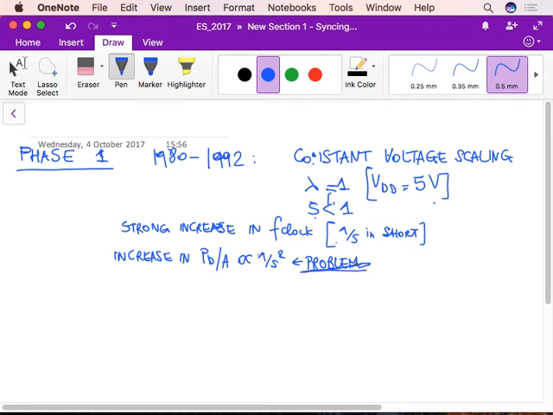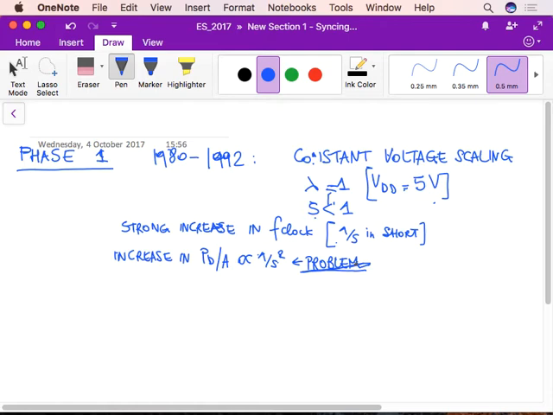Because you see, the power consumption of a single logic gate does not increase that much. The area of a logic gate goes down quadratically, and therefore the power consumption per unit area goes up quadratically. This is easy. But what is the problem?